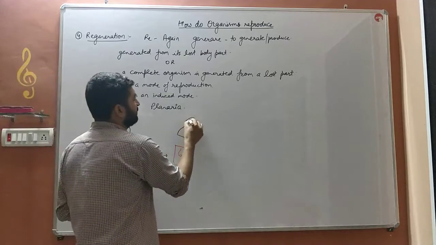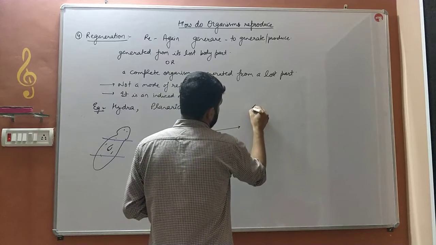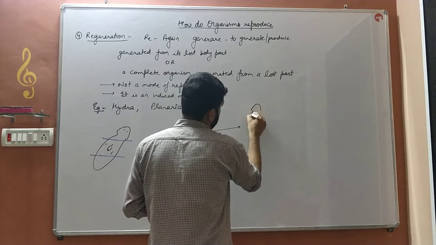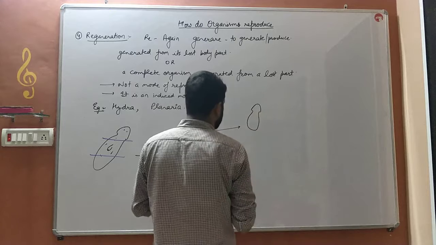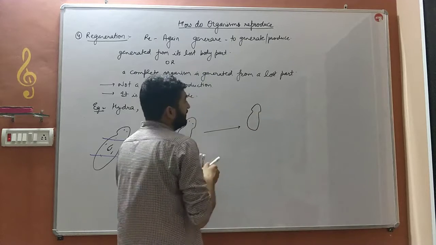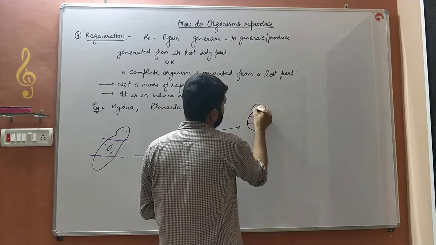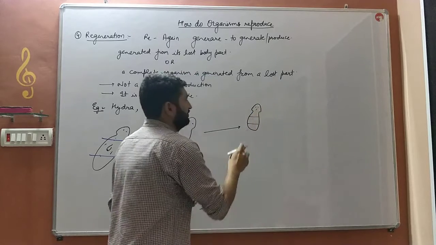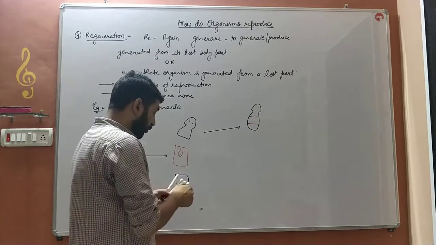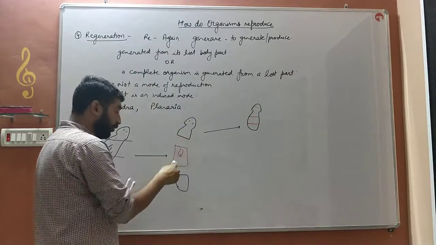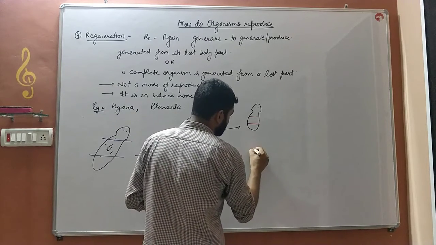Each part of this planaria will give rise to a young one. This part will generate or produce the other two parts. The middle portion grows the upper part and the lower part and gives rise to a young planaria.